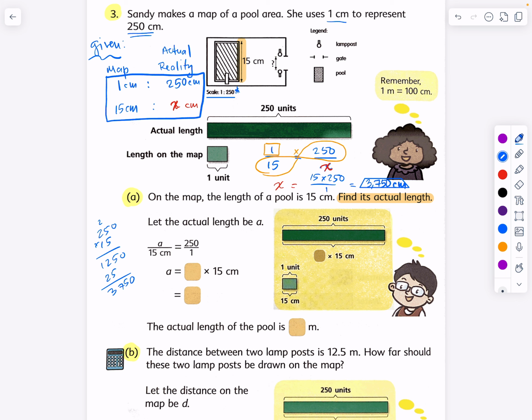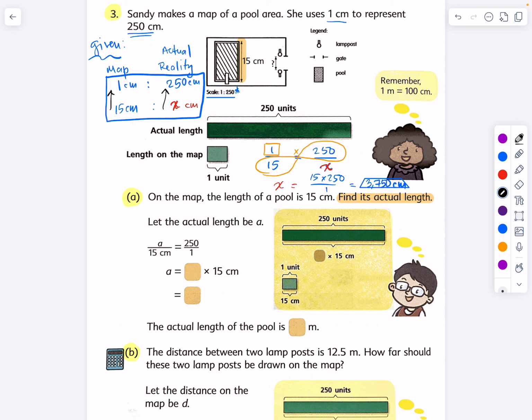Another way, which we've seen in the previous example, I'm going to delete my calculation here to free up some space. Another way to structure this proportion is that you could have structured it in this direction, or you could have structured it like this.